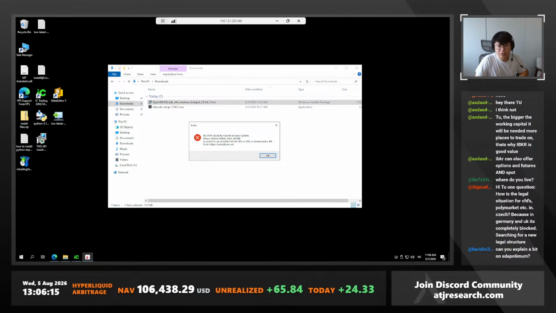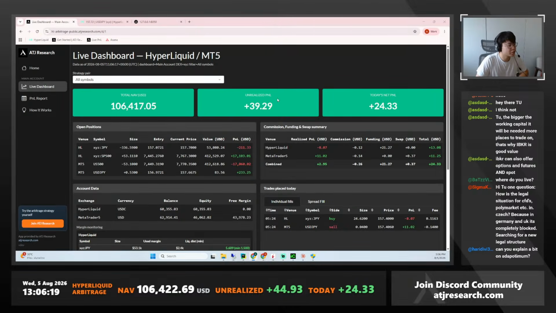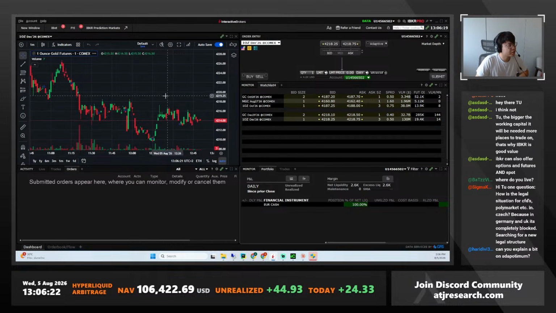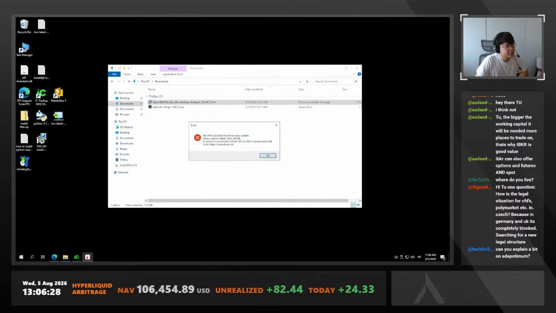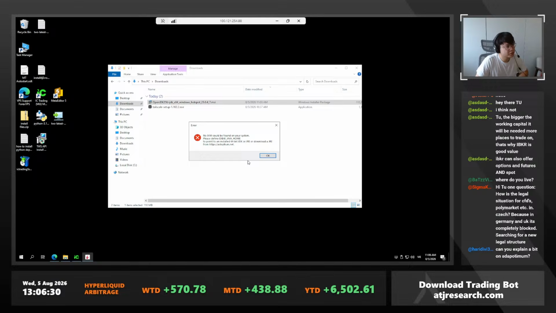Can you explain a bit on Adoptium? I don't know what that is. I just tried to start my Trader Workstation, which is running here on my PC, but I ordered this server, and when I install TWS, it is reporting that error. It never happened to me before, which is interesting. So I will need to somehow install TWS here without having these issues. Python's installed already, so we'll see how it goes.